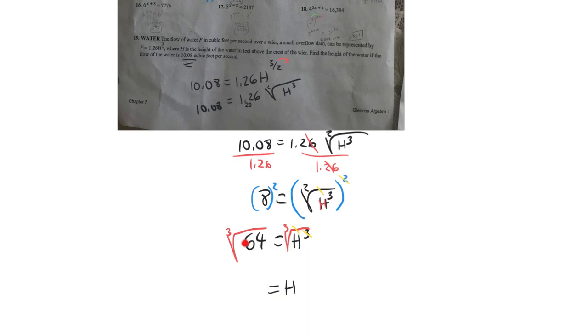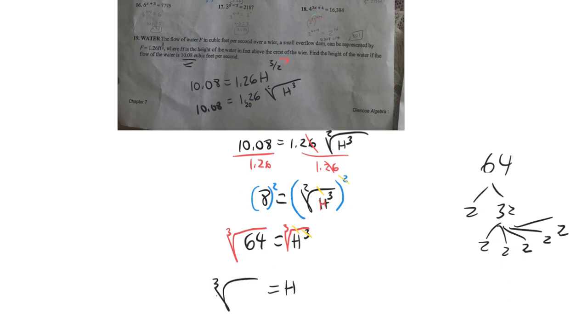But then the question is, what's the cube root of 64? Prime factorization, 2 times 32. I know five 2's from previous problems. So 64 is secretly 2 to the 6th.